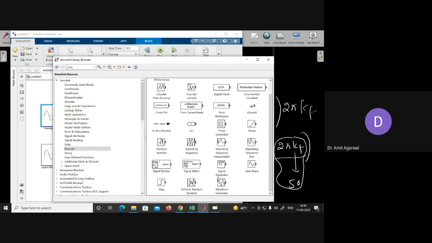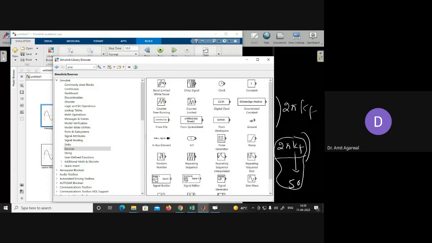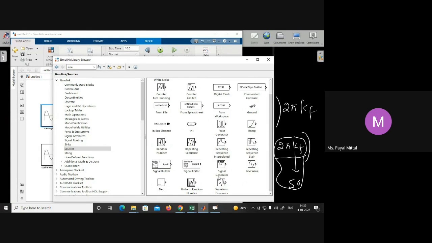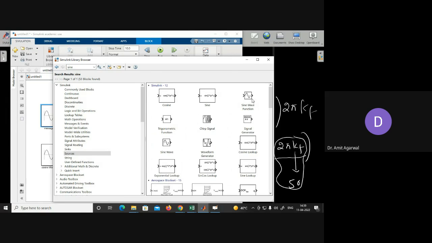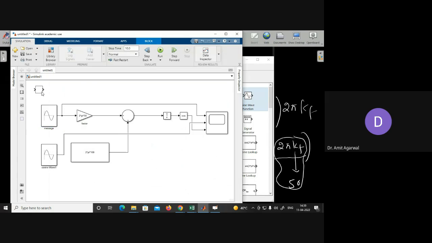I'm getting only this. You are not clicking on the searching option. Okay. So this one in the first one? Yes. Okay. Yeah, that is why the problem is coming. Let's delete this.